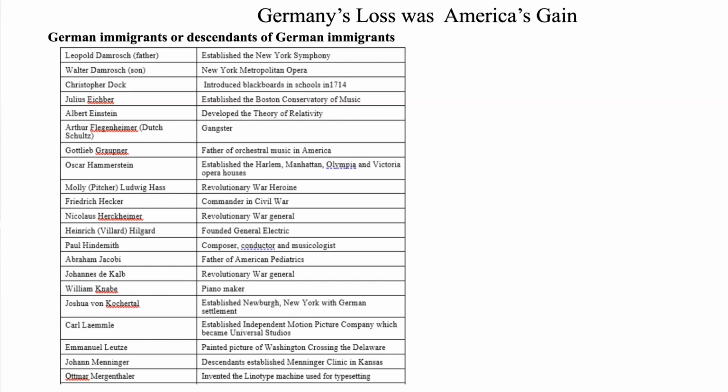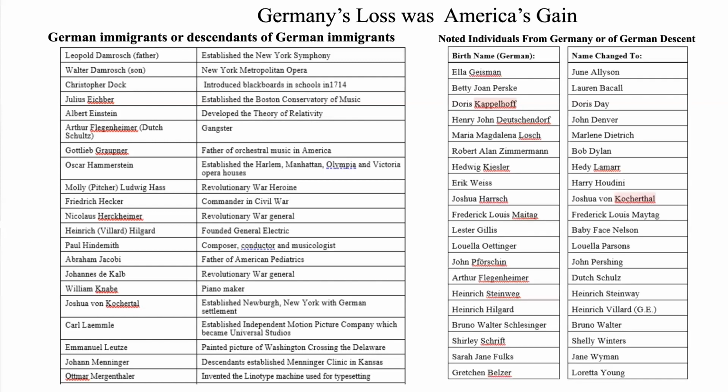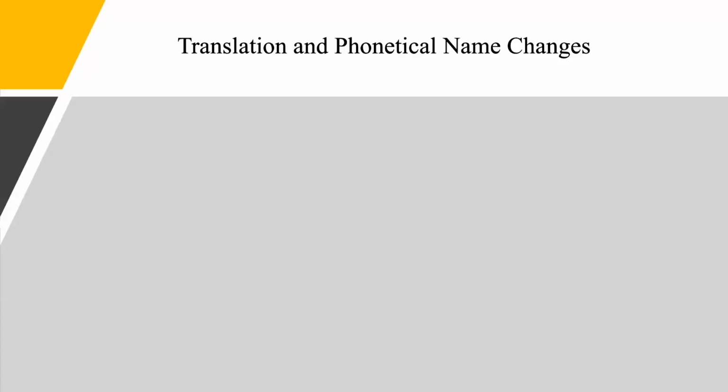With 2 world wars, it wasn't always popular to be German. The next handout is a list of noted individuals from Germany or of German descent that shows that some changed their names for professional reasons. The list gives their birth name and then the professional name that they changed it to.